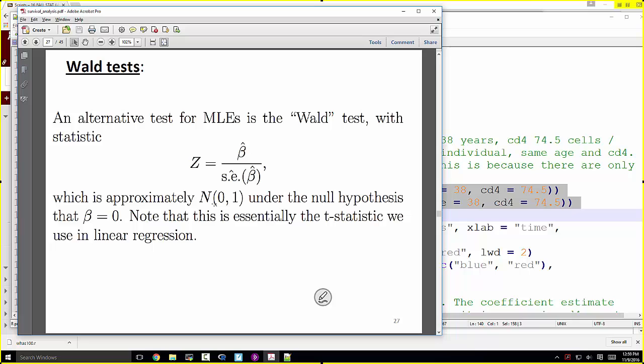There are also Wald-like tests, which is what we've been using with beta coefficients in regression: the estimate minus the null value that you're hypothesizing, divided by the standard error of the estimate. And here, at least with a decent sample size, those can be assumed to be normal 0, 1 under the null.